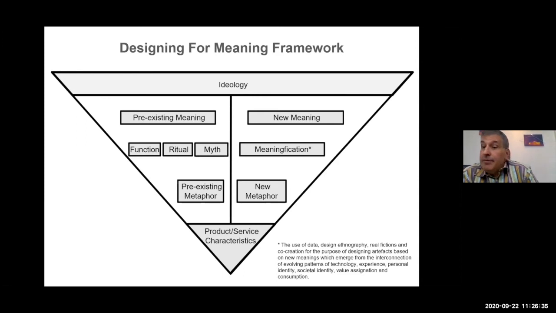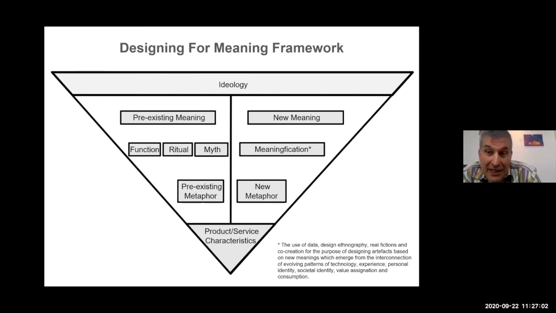The other possibility is, it's not an incremental innovation as in pre-existing meaning. We may actually be talking with our new startup and our new business and our funky new opportunity. We may actually be talking about a totally new meaning, a disruptive innovation, not an incremental, not even pushing the limits of incremental. It might be genuinely disruptive. If it's disruptive, we're talking about new meaning.